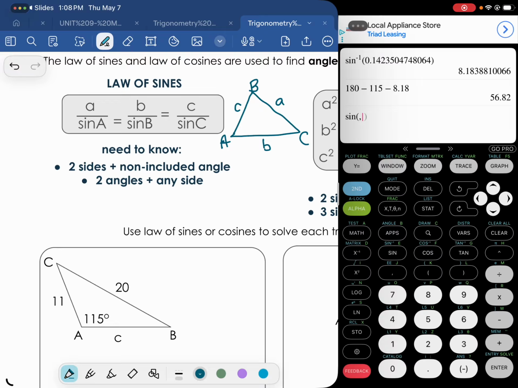And across from angle C is going to be side c. So basically you're going to divide the side by sine of the angle, and that equals another side divided by the sine of its angle that's across from it. And you're going to use two out of these three fractions, whichever two you have at least one piece of information for.